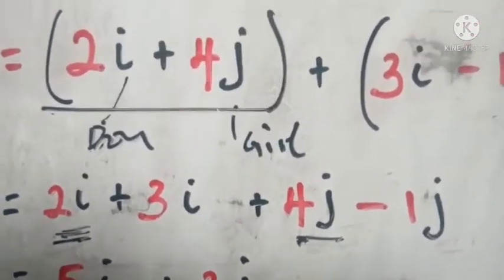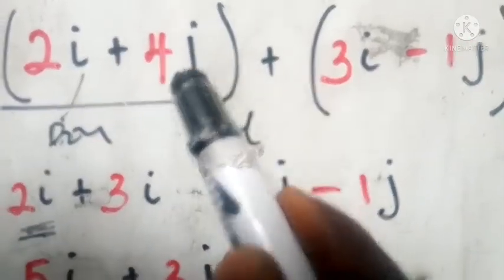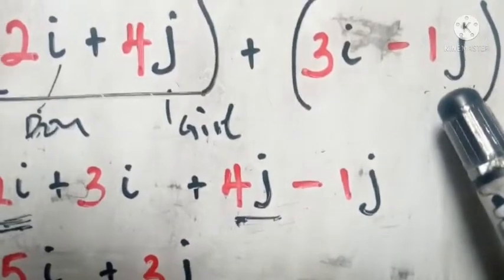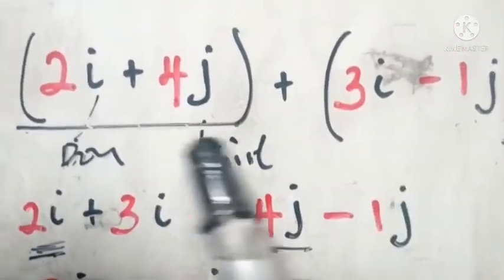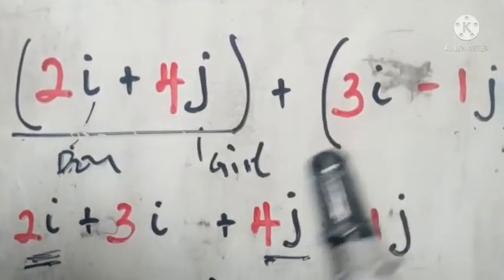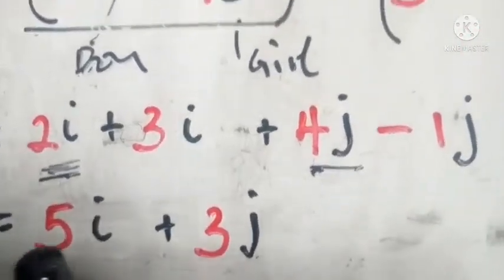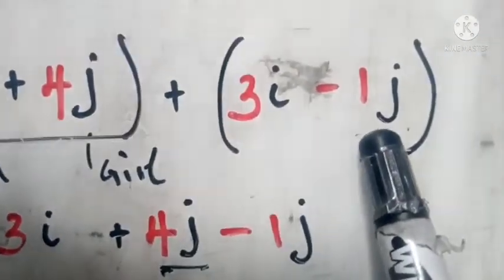There's a mistake here, so check that. That should be 2i plus 4j here. This is 3i, and then minus j. So this guy to that guy, a boy to a boy, that should be 2 plus 3, that should be 5i. And then here too we have 4j and then negative 1j.